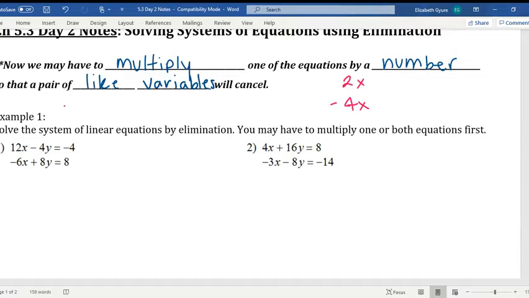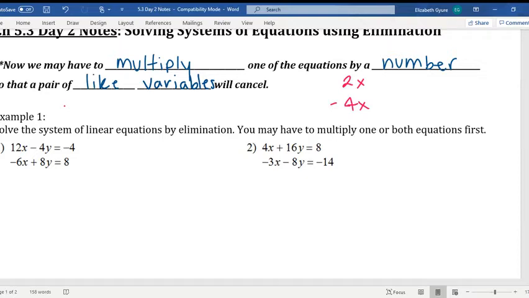Is there a way, could you multiply a 2 by something to turn it into a 4? Anybody, could you multiply 2 by something? What could you multiply it by, Annalise? Okay.